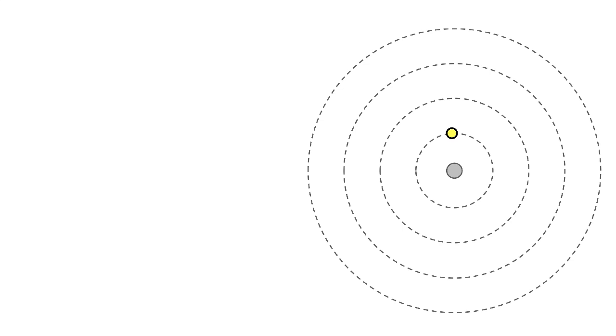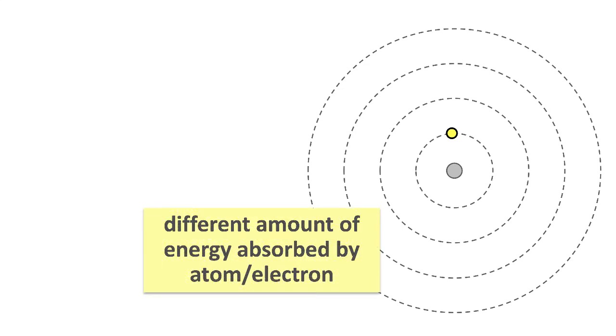Now, of course, the electron could absorb a different amount of energy, and in this case, it's a photon of a different amount of energy than in the first case, and go to a different energy level than previously. So here the electron absorbed energy and went from the first to the third level rather than the first to the second.